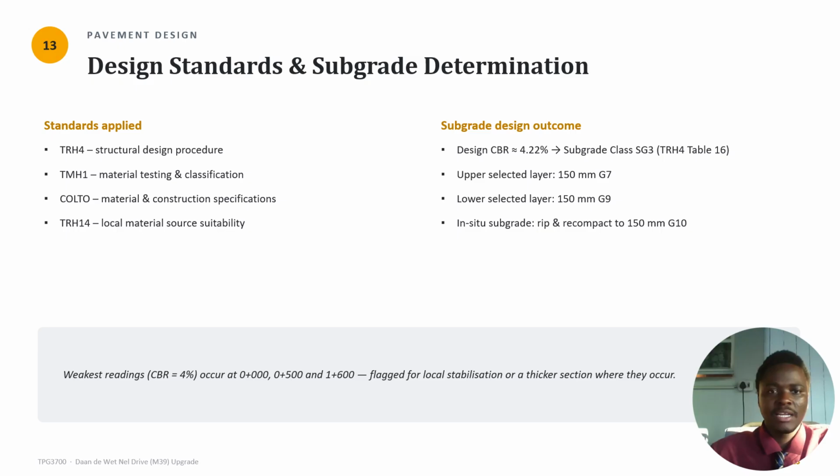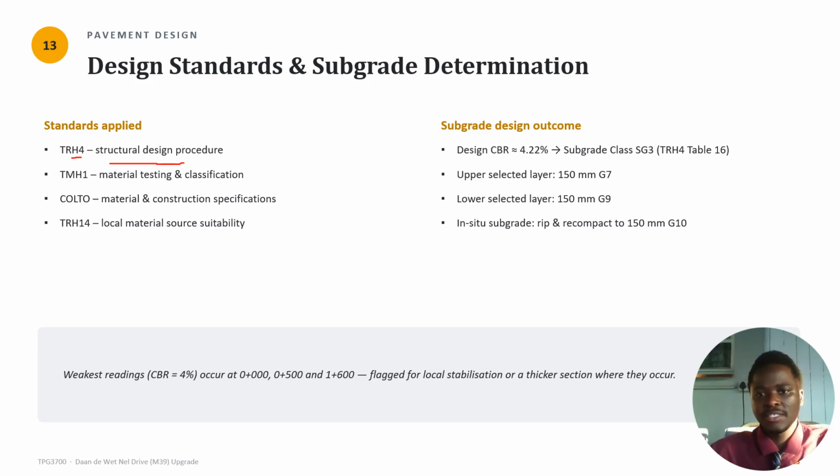Also my design standard and subgrade determination: the standards I applied are TRH4 for structural design procedure, TMH1 for material testing and classification, COTO for material and construction specification, and TRH14 for local material and source suitability.